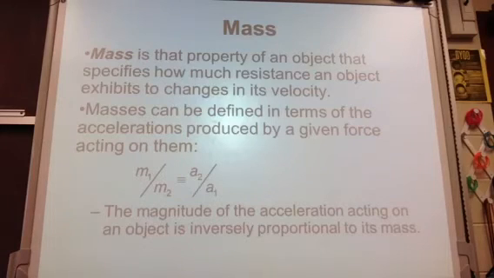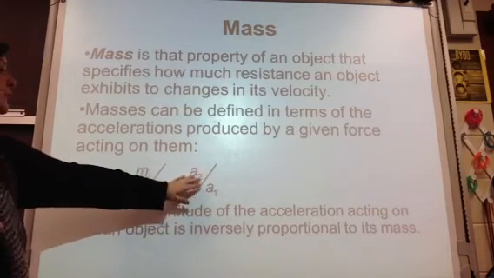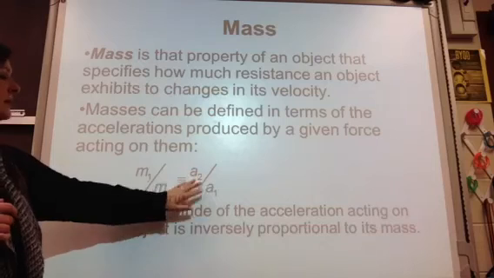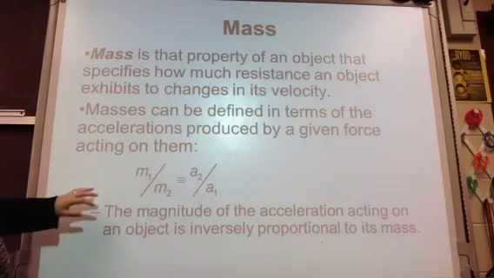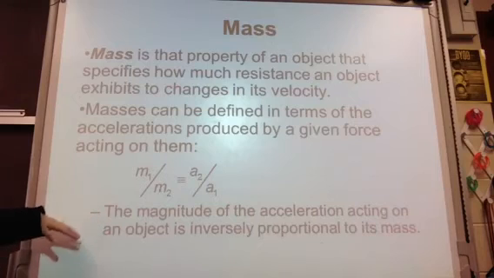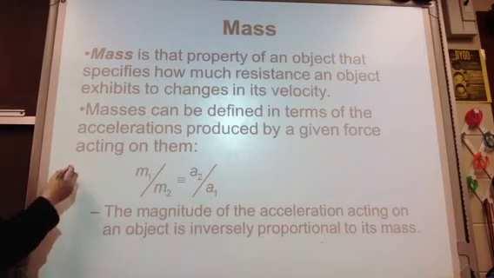Masses can be defined in terms of the accelerations that are produced by a given force acting on them. So I have here m1 over m2 is proportional to a2 over a1. This is showing that the magnitude of the acceleration acting on an object is inversely proportional to its mass.